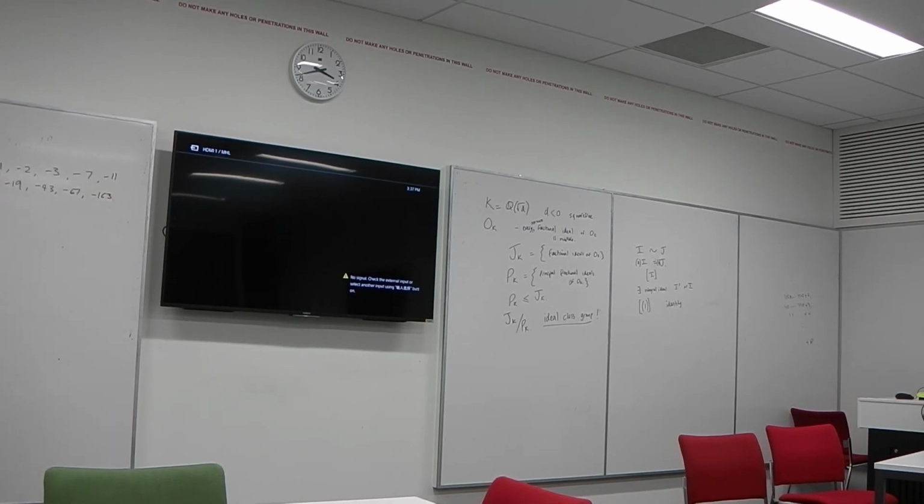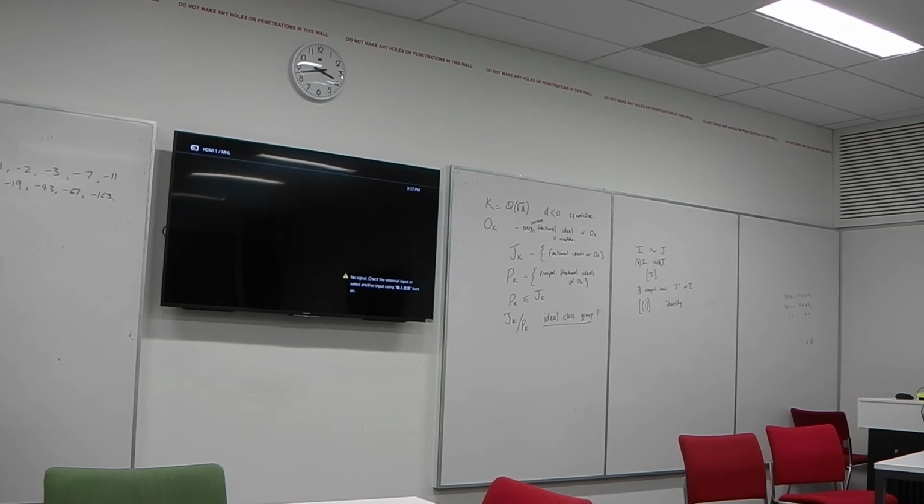Those are the only cases where this group is trivial if D is less than 0. Which is kind of weird, right? Why are these specific numbers? Why is there only this many and that's it? And it took quite a long time for people to prove this, but it is proven.